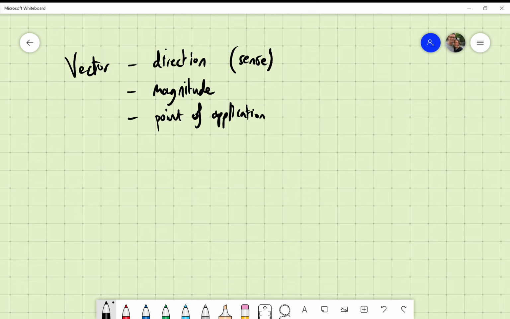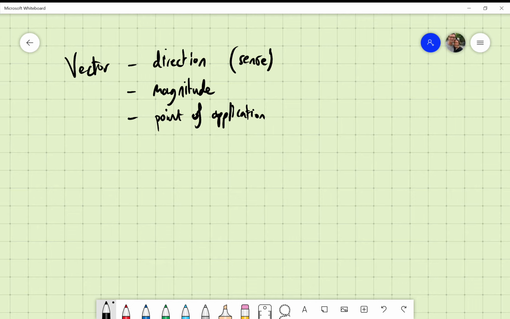Not all vectors really work in this way, but a force is usually felt as happening somewhere. Maybe something more like a velocity doesn't really have a point of application. It's not like the velocity is being applied, it's just happening. So that's why maybe I've never bothered mentioning that before, but I'll include it here.